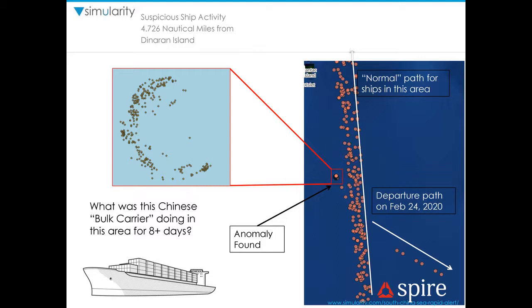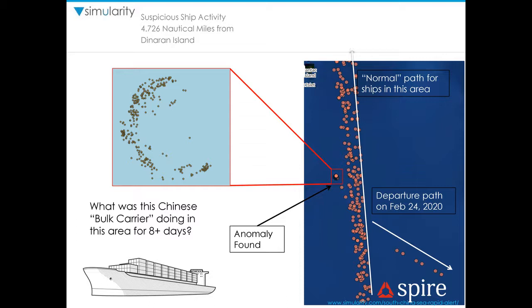What we found it doing, and the reason we found it, was this anomalous behavior that you can see here. There's a normal path with this straight line here of ships that go through this area. There are shipping lanes and ships go through this area on this path quite frequently. We saw this activity outside of that normal path and a whole cluster of activity here.